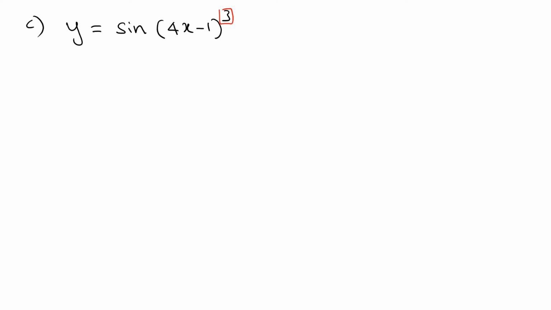The first, most outer function is the sine function, so sine of something. Then you go to the next inside function, the argument of sine, which is a cube function. Then you go inside the cube function and you see 4x minus 1. So that is the chain.